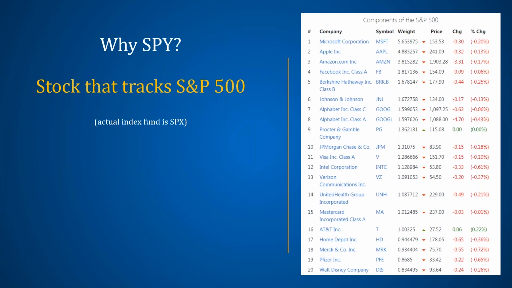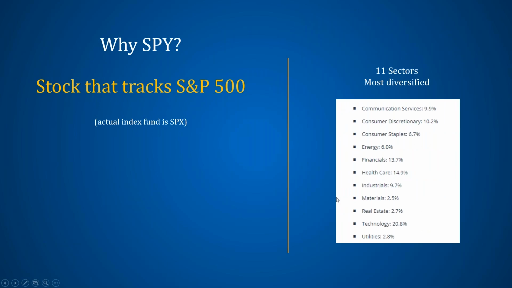There's Microsoft at the top, 5.65% on the weight scale, followed by Apple, Amazon, Facebook, Berkshire Hathaway, Johnson & Johnson, Google. What I like about this is you're covering all 11 sectors here. They're all there. This is the most diversified stock you can have. People sometimes ask me, well, why don't you diversify?